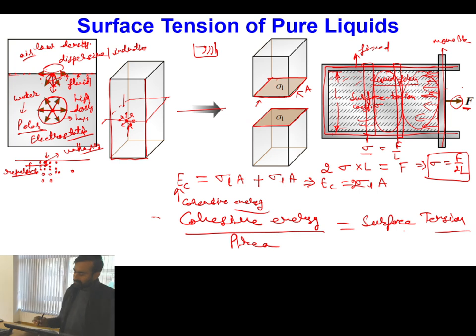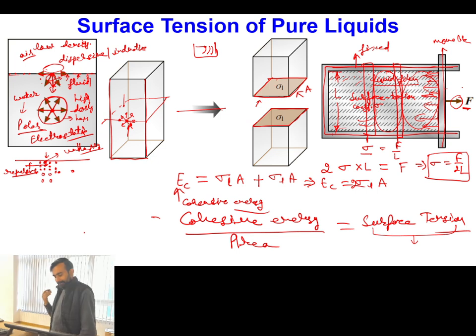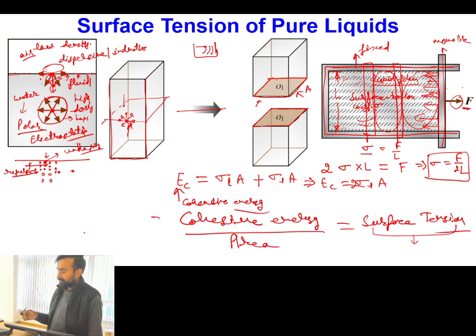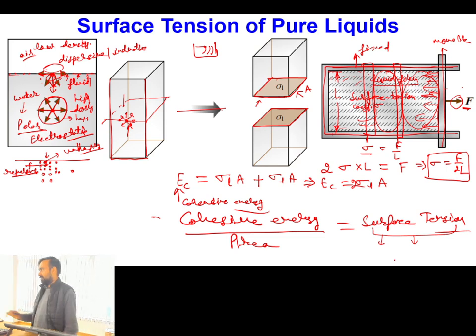And typically surface tension is calculated whenever we are considering the cohesive forces in the surroundings of air only, majority of times in the surroundings of air only. So whenever we determine cohesive energy per unit area, particularly in the surroundings of air for a liquid medium, that value we call nothing but our surface tension.